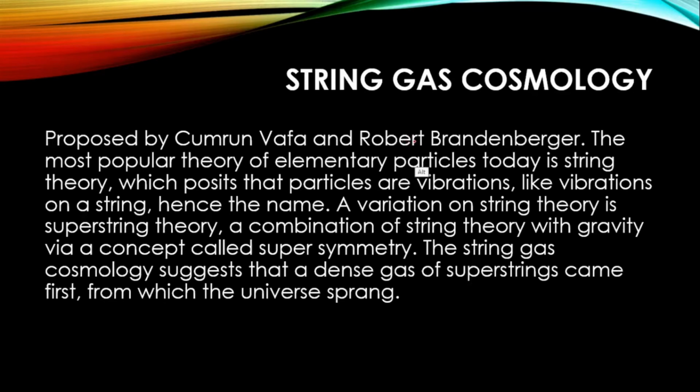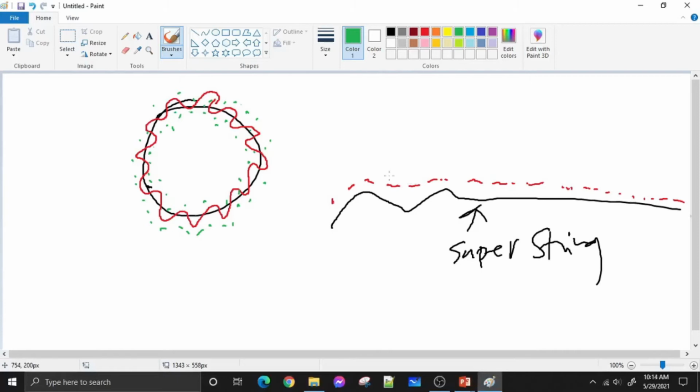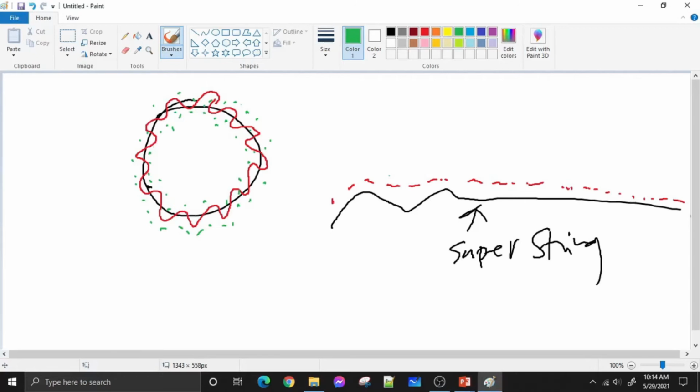One thing that is wrong about string gas cosmology is that if there is a superstring as thought by Vafa and Brandenberger, there will be these small strings. So the universes will be composed of not just a superstring but some other strings.